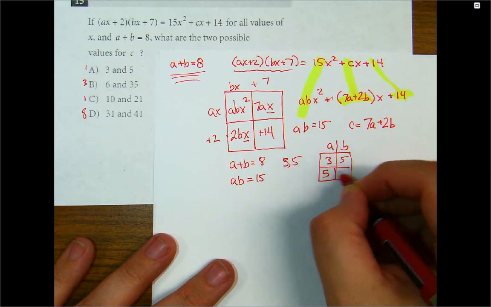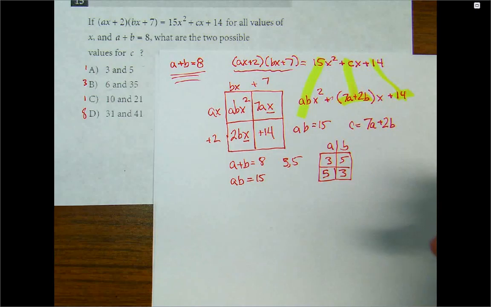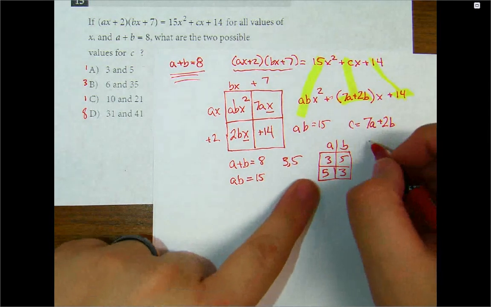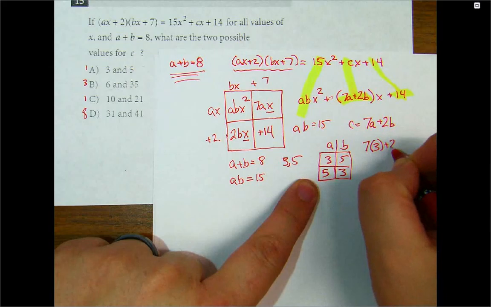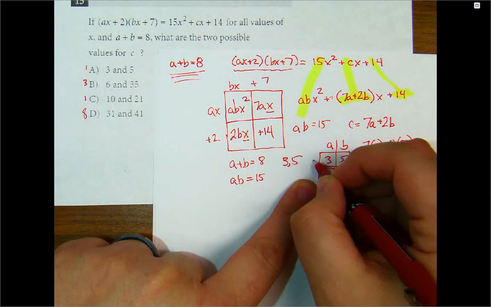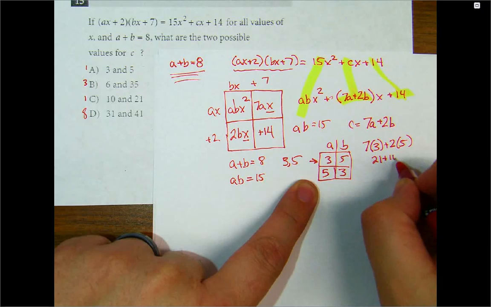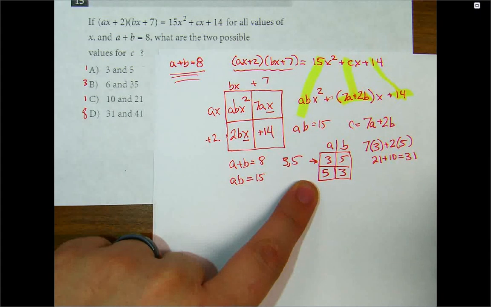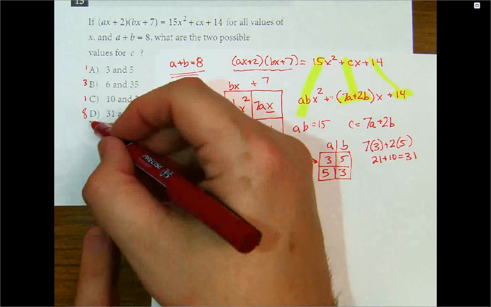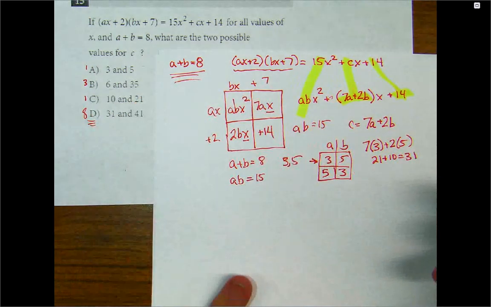We don't know which ones are which. So I'm going to take 7 times 3 plus 2 times 5. I'm going to use the first set first. That's 21 plus 10, which is 31. All right, which one has a 31 in it? D. So it looks like that's the answer. And I'm just going to go one step further to make sure we get the right answer.